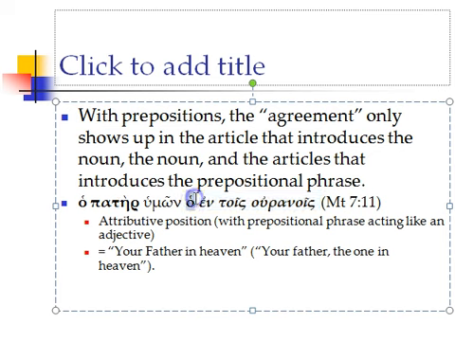So Matthew puts another article there to signal, ho pater ho, that the prepositional phrase is acting as an adjective describing father. Which father are you talking about? The one in the heavens.